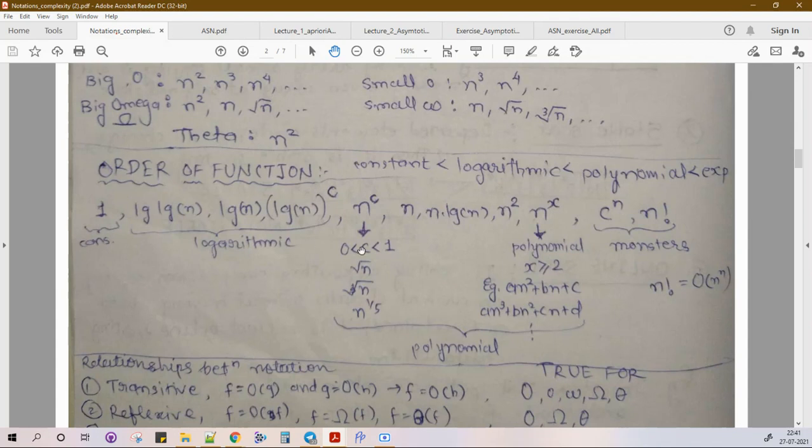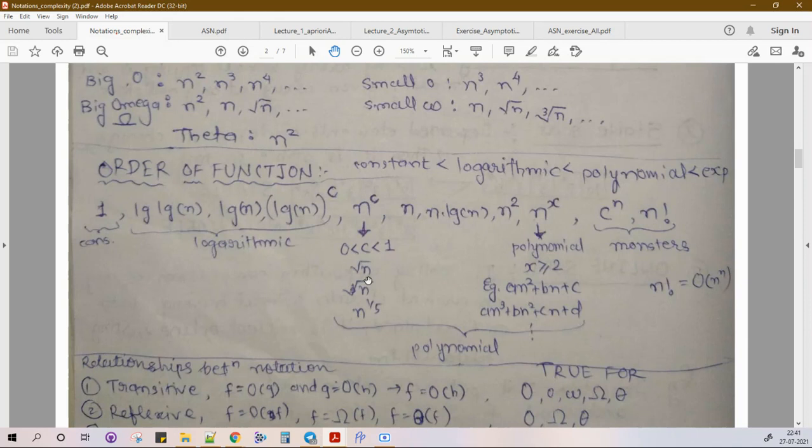Then I have n to the power c. This n to the power c and n to the power x are different. Here c is less than 1. What is the meaning of c less than 1? Under root of n, which is nothing but c equal to 1 by 2. If I take c equal to 1 by 3, then it is cube root of n.